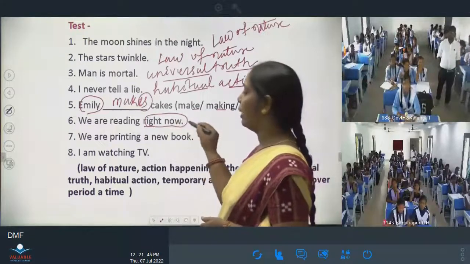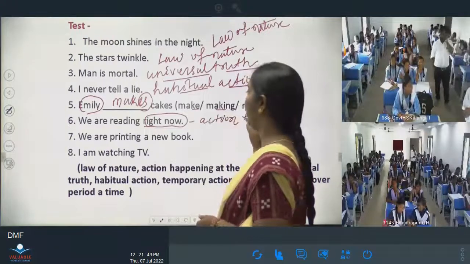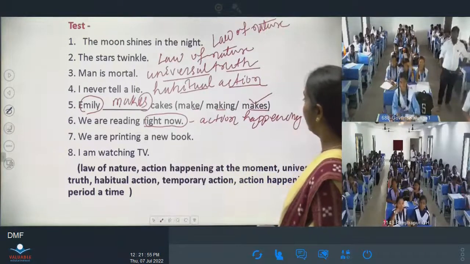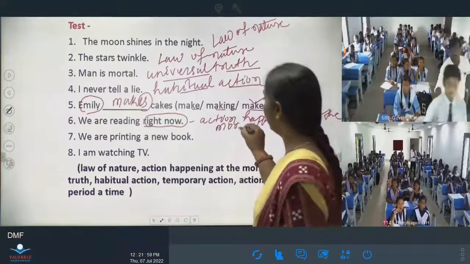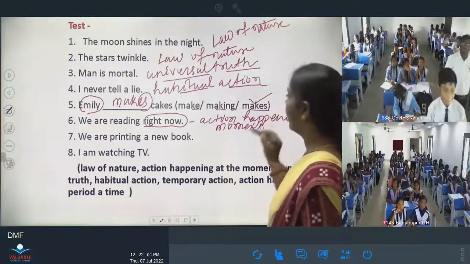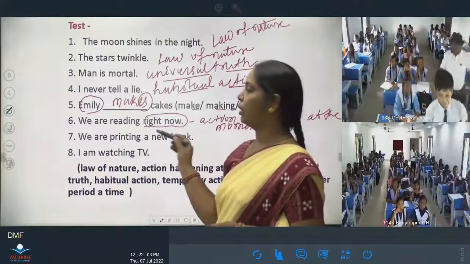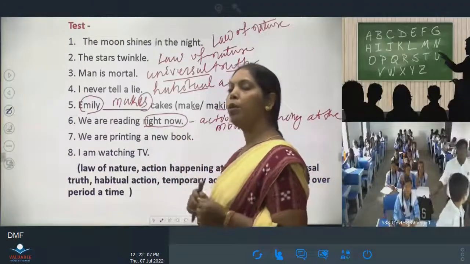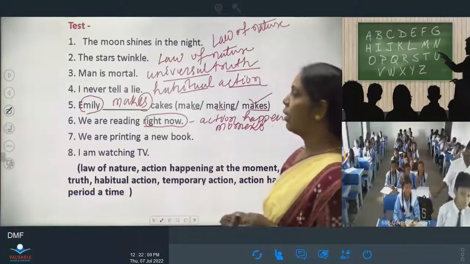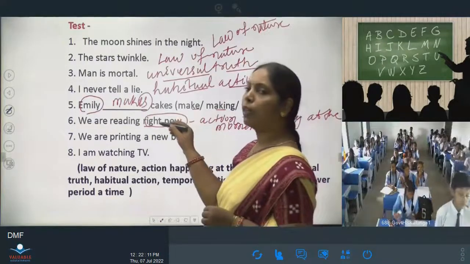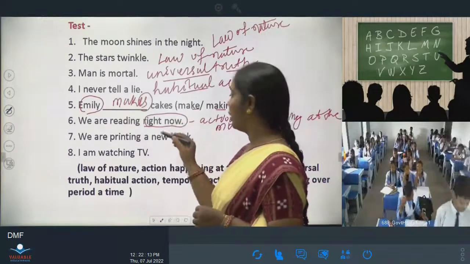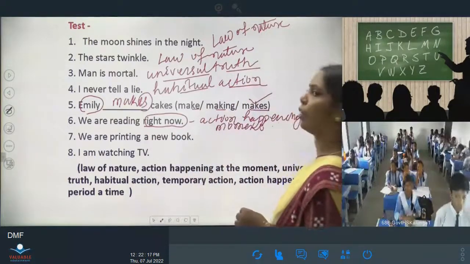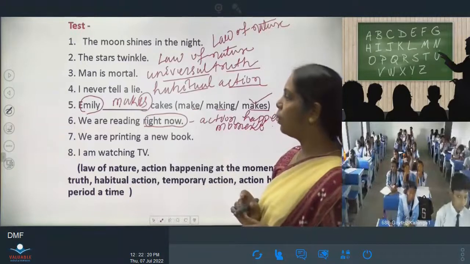That's why it is action happening at the moment. We are reading right now. That's why the work is going on at that moment, so present progressive is used here. We call this action happening at the moment.